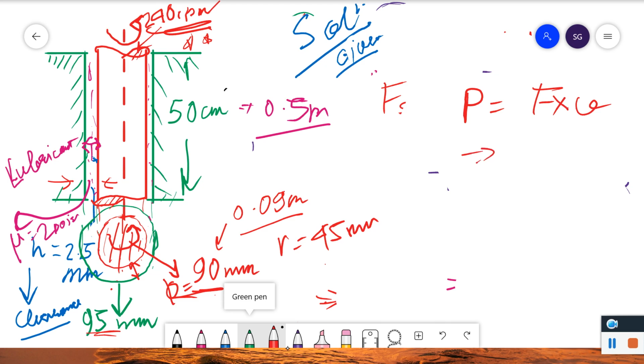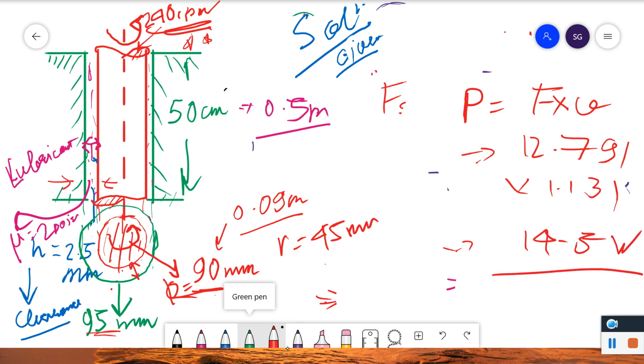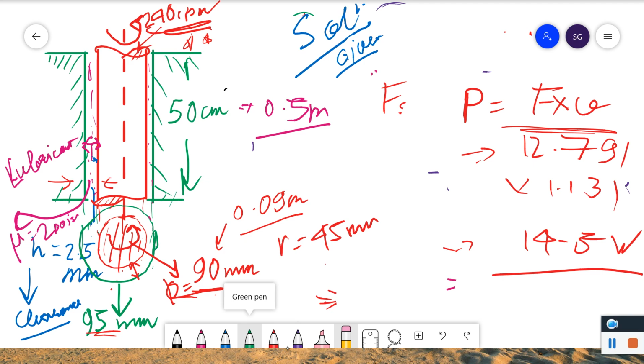And this force you have calculated out to be Fs is 12.791, and velocity also you have calculated out to be 1.131, which will come out to 14.5 watts. This is the primary way, and if you want to do it in terms of torque also, it is also easy. You don't have to do anything.